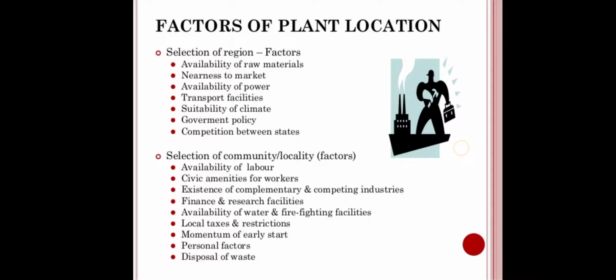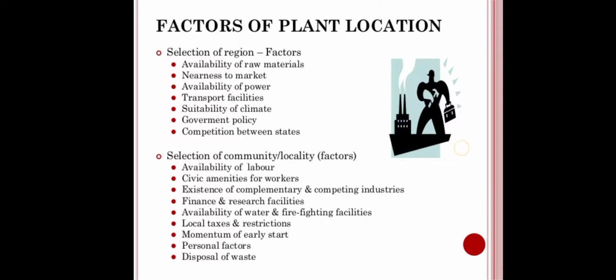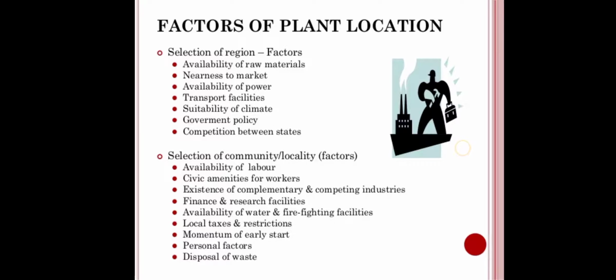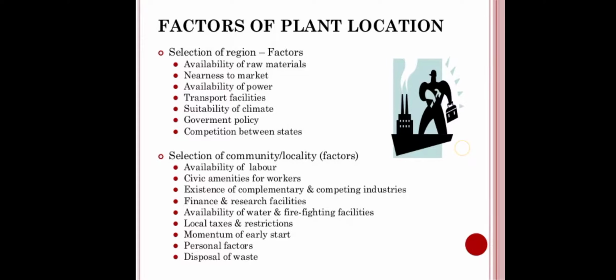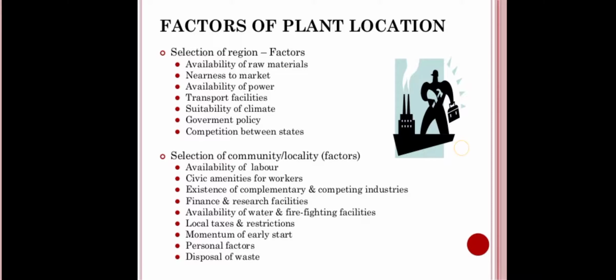Then civic amenities for workers: if there are schools, hospitals, post office, restaurants, dhabas available for their recreational activities, market, then it is very convenient to have laborers or workers. If civic amenities are less, then it is very hard for the labor to stay.